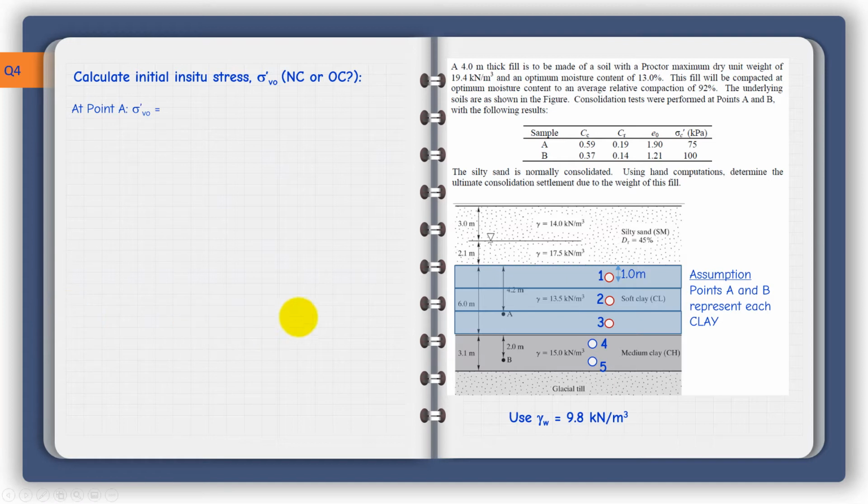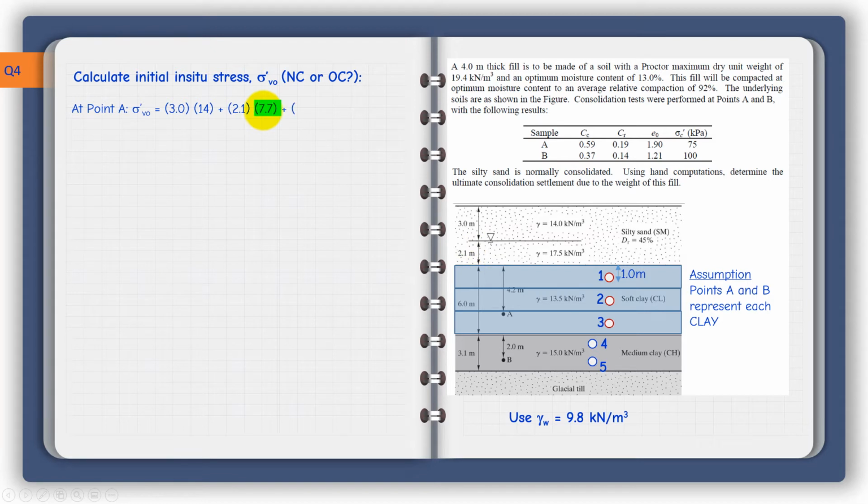So let us start now calculating the in situ stress at point A, because we have an assumption here that point A and point B each represent the clay of interest. At point A, I have here 3 meters times 14, which is this unit weight. I add to this 2.1 meters, but now it's submerged.